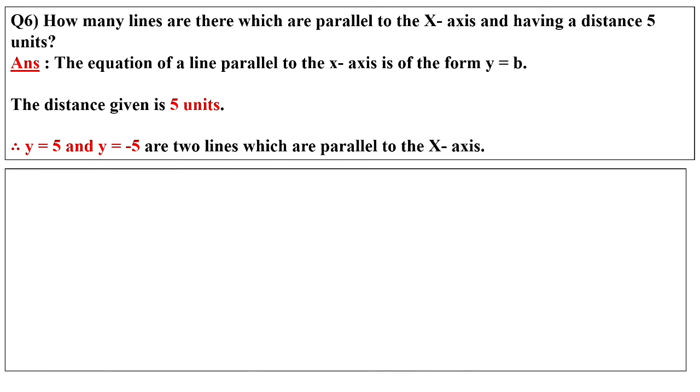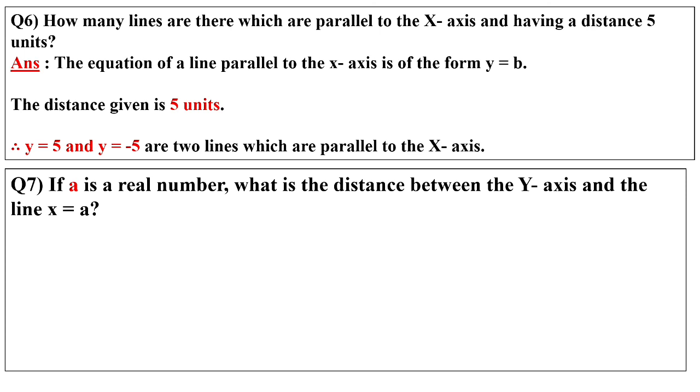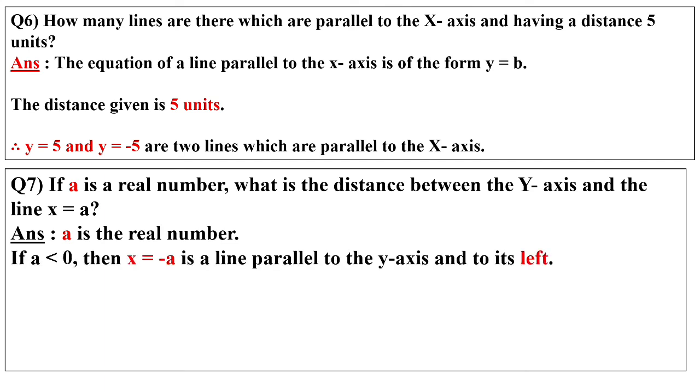Now student, question number 7. If a is a real number, what is the distance between the y-axis and the line x equal to a? First of all, it is given a is a real number. If a is less than 0, then x can be negative, which will be parallel to the y-axis.